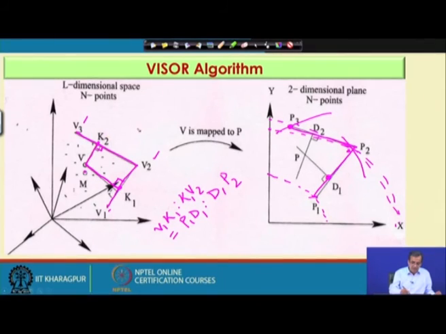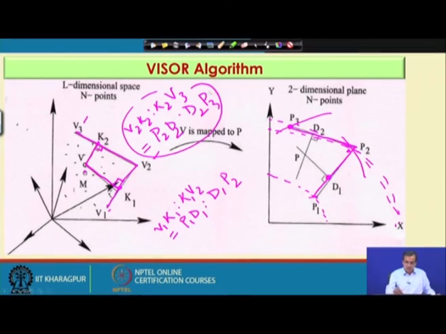Now, we consider the ratio V2K2 to K2V3, which is nothing but P2D2 to D2P3. So, we will be able to locate this point D2 on the line P2P3.